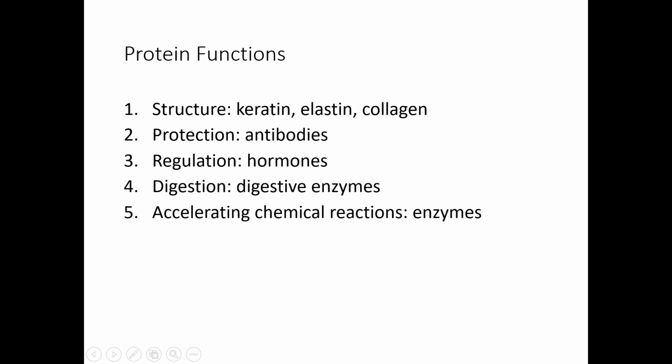Antibodies in our blood can destroy viruses and bacteria. They are used for regulation. Example would be hormones. They are used for digestion. Those digestive enzymes help to break our food into molecules. And finally, different types of enzymes can speed up our body's chemical reactions. Please know the protein structure, types of proteins, and protein functions.